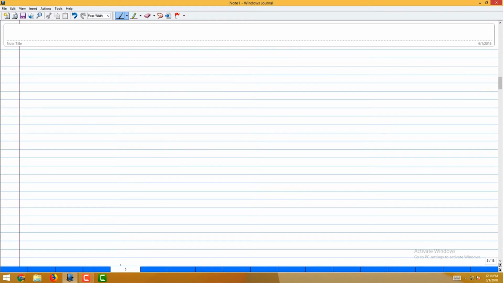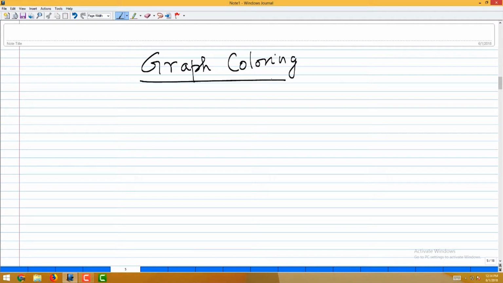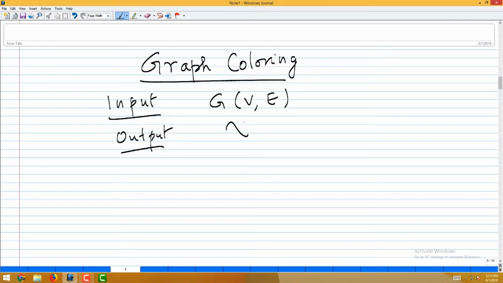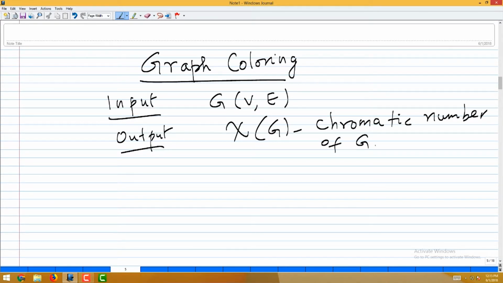Okay. So, let us get to the next problem, and what I want to talk about is graph coloring. Chromatic number of G. In other words, minimum number of colors you need to color the vertices so that adjacent vertices get different colors.